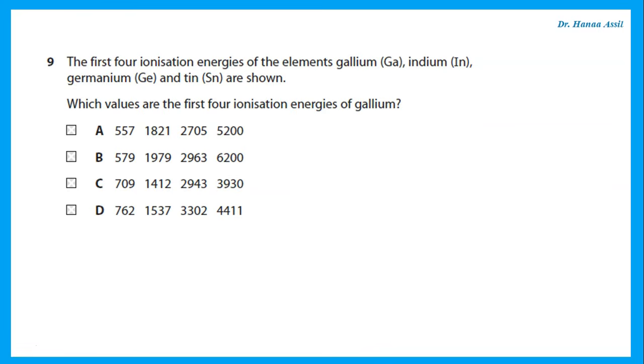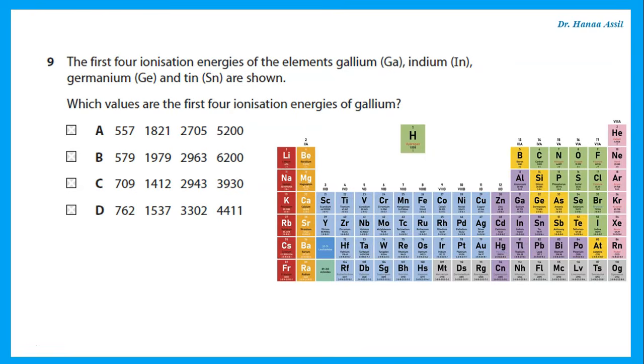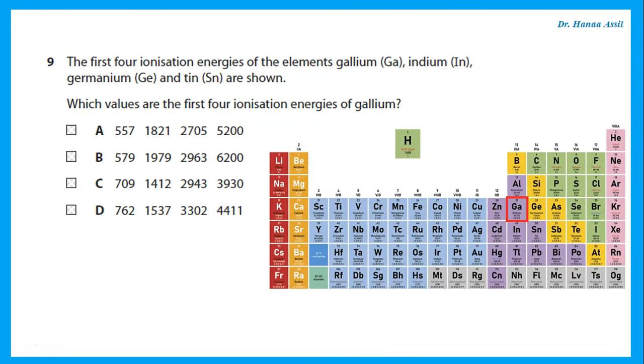The first 4 ionization energies of the elements are shown: gallium, indium, germanium, and tin. Which values are the first 4 ionization energies of gallium? Now, remember that where is gallium? Gallium is in group 3. Now in group 3 means that the first, second, third ionization energies, there should be a huge jump after the third ionization energy.